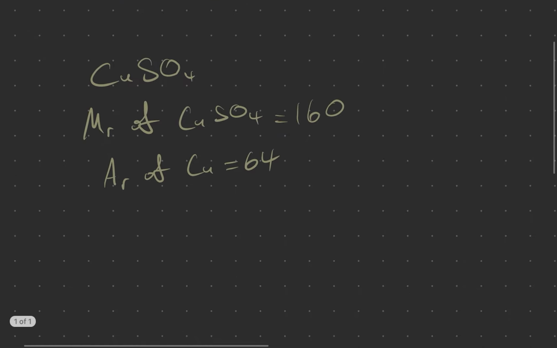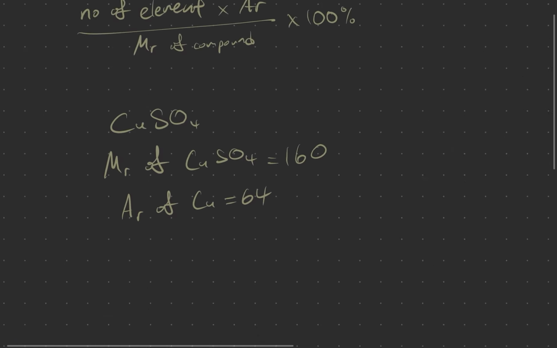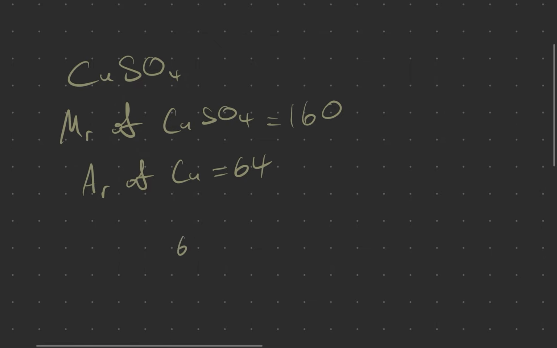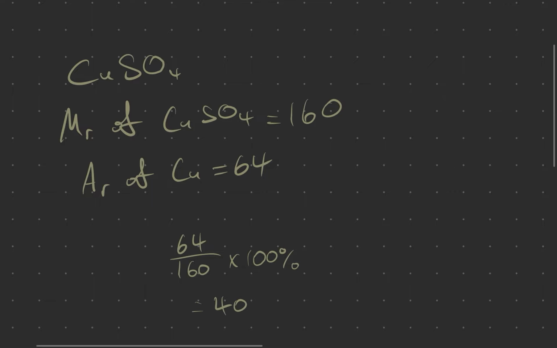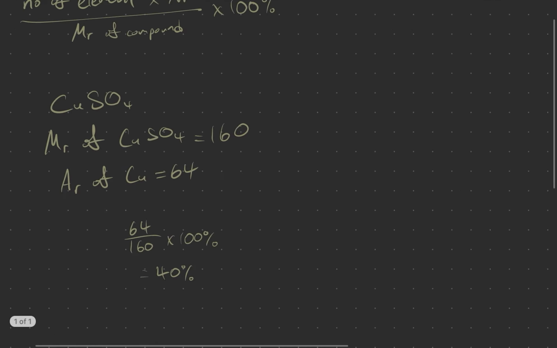Using this formula, I only have one copper, so it's just 64 divided by 160 times 100%, and that'll give me 40%. That's my percentage composition of copper in copper sulfate.